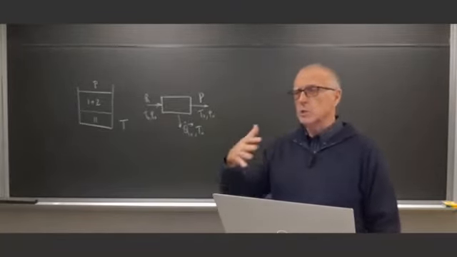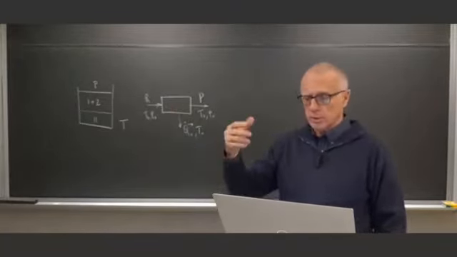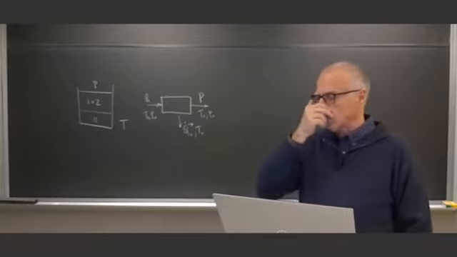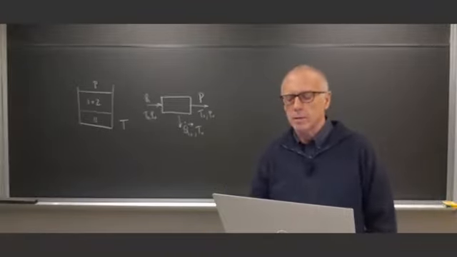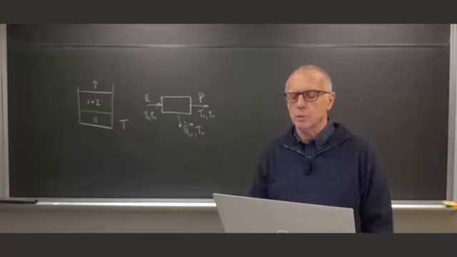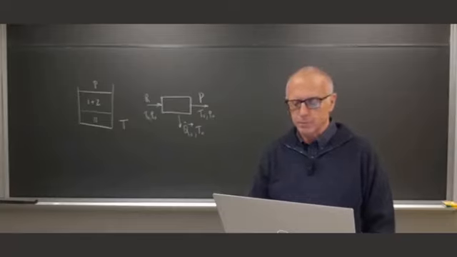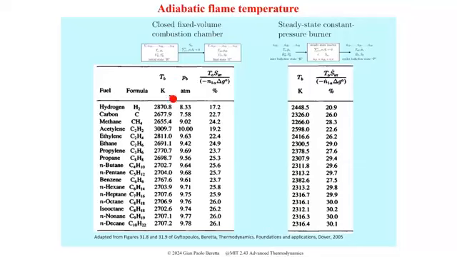You could use it to expand and therefore to make work. So it has transformed part of the exergy of the fuel into that. And that's why these are the numbers. So here are numbers for a closed combustion chamber.